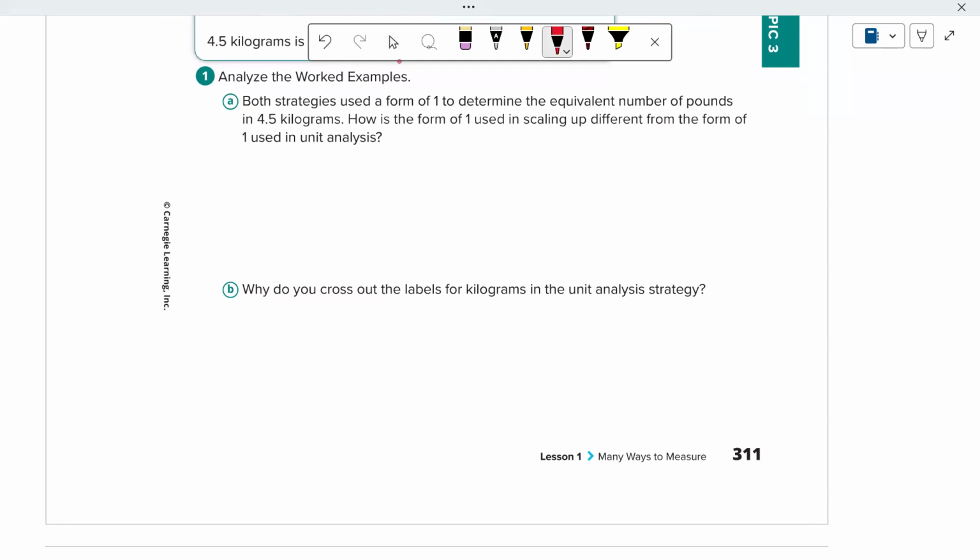So both strategies use a form of 1 to determine the equivalent number of pounds in 4.5 kilograms. How is the form of 1 used in scaling up different from the form of 1 in unit analysis? I will show you. So 1 kilogram, 2.2 pounds is equal to 4.5 kilograms, mystery pounds. Now, if you want to use this, let me draw an arrow to show you. That's 4.5 kilograms.